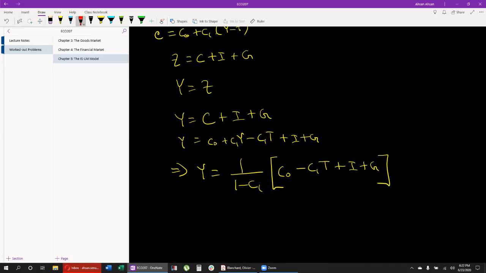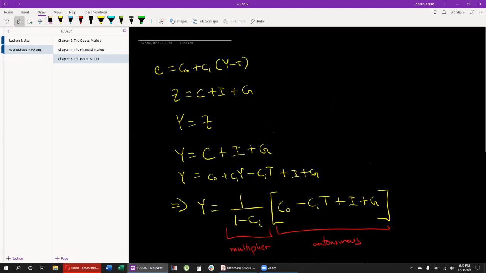And if we break it down, this is the multiplier, and this is the autonomous part.